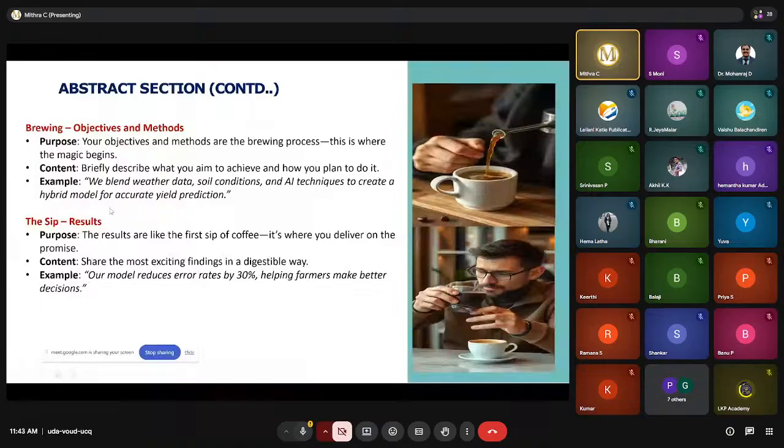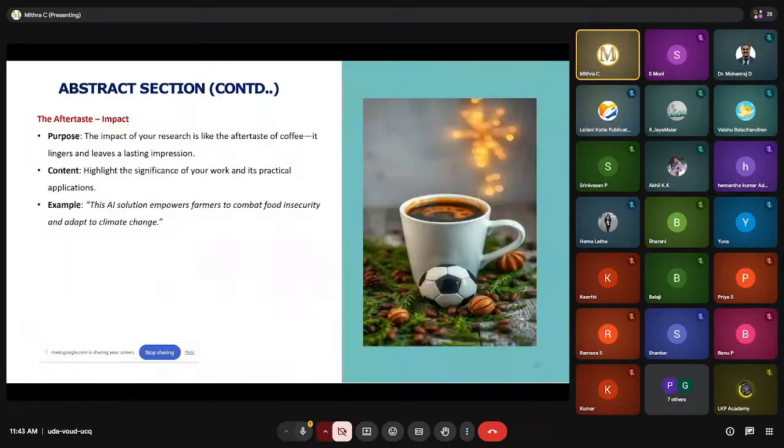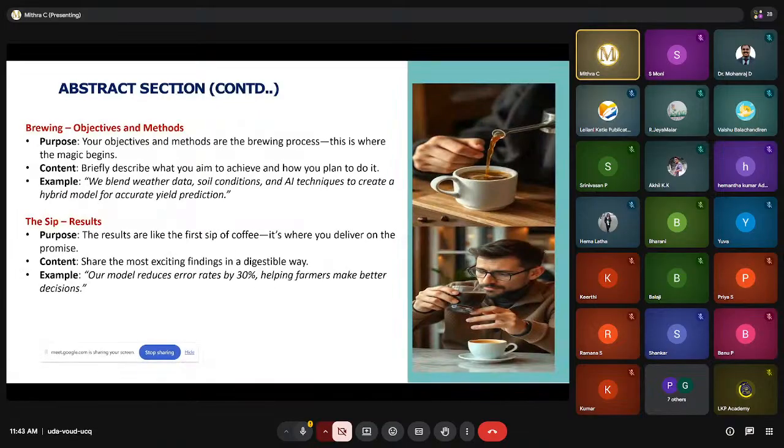For example, when you see the example over here, first of all, it needs to briefly describe the aim to achieve and how you have planned it. Here, as I have said, I have taken the example of agriculture. We blend weather data, we blend coffee, sorry, I am sorry, we blend soil conditions and AI techniques together to create a hybrid model. That kind of justification should be done as the third point.